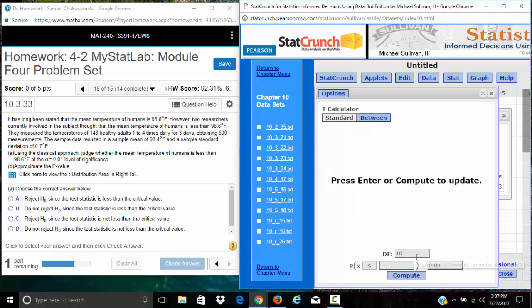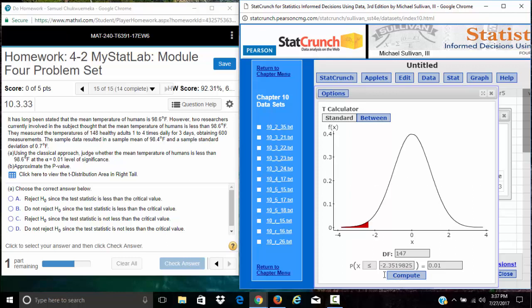Degrees of freedom: we are testing only one parameter, the population mean, so we use n minus 1 degrees of freedom. 148 minus 1 is 147. Compute. Now this is the critical value here: negative 2.35, rounded to 2 decimal places.